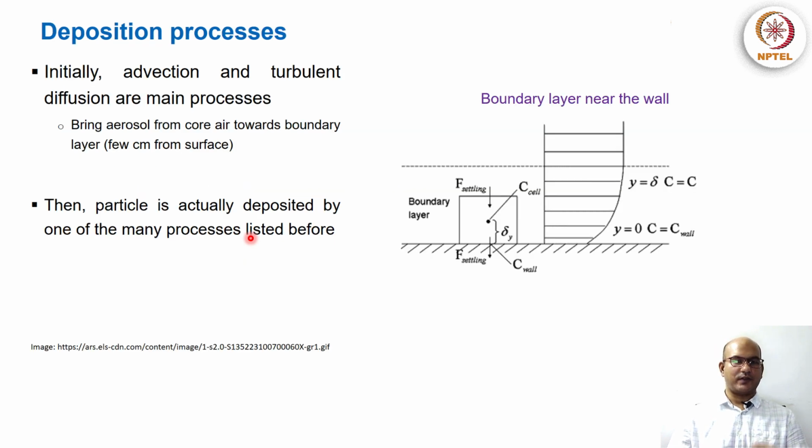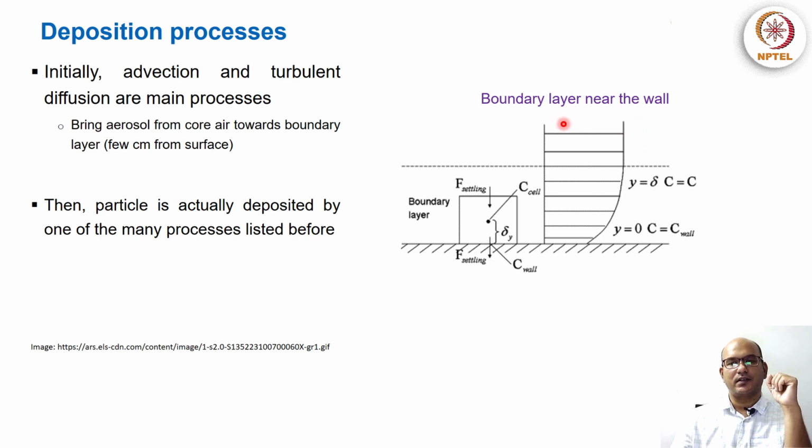So generally when we are looking at free moving air, on this side we have the airflow near the wall. So this is the wall, and this is the velocity, this is the concentration profile here, and also how the flow will look. We have the free air here, and there is some concentration.